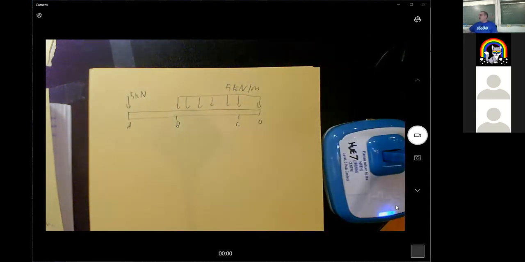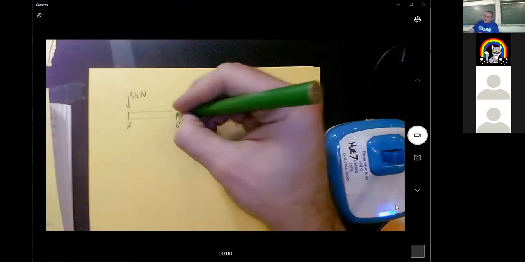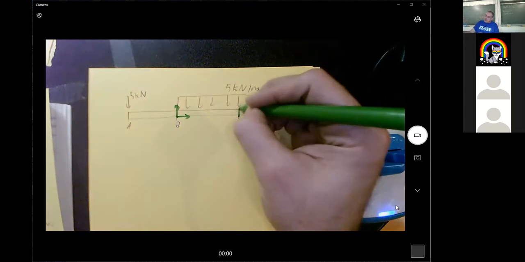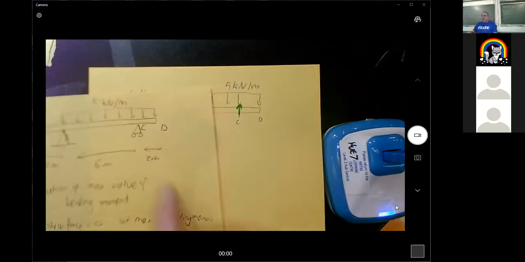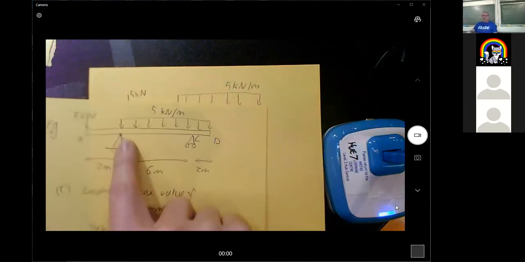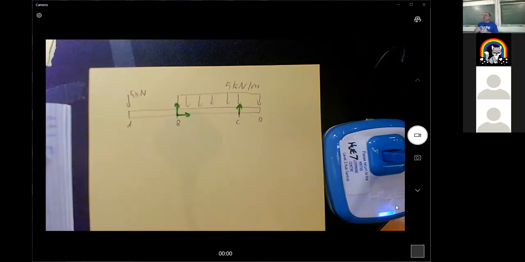There would be a reaction at B in 2 different directions and a reaction at C, because that was a roller here and this one was a pin here, so it has those things there.